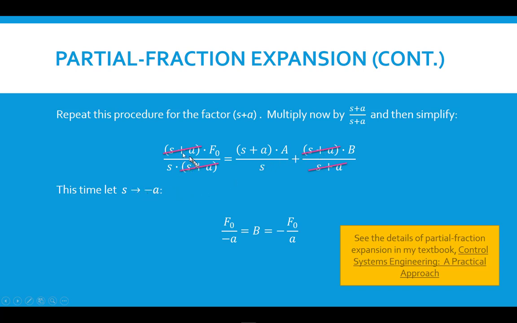We do some multiplying and crossing out, and solve for the other constant in that sum, capital B. We find that capital B is equal to negative f0 over a. I have details of the partial fraction expansion in my textbook, Control Systems Engineering: A Practical Approach. You can find the details there if you order the book, and I'll probably produce a video on that procedure in the future.